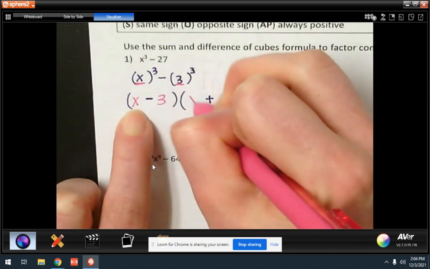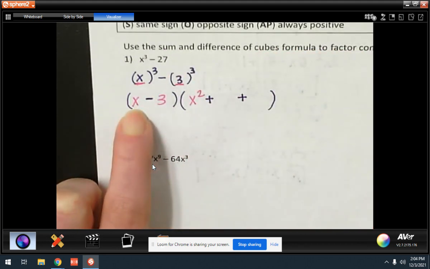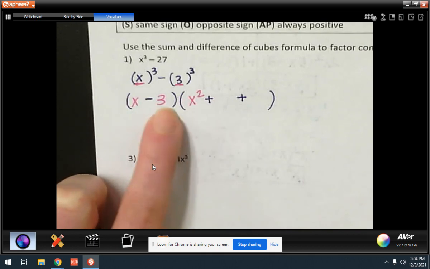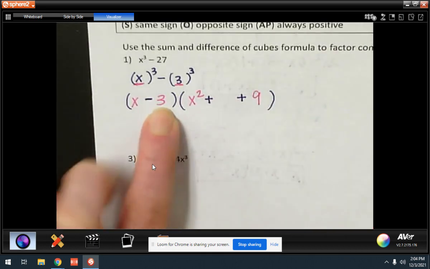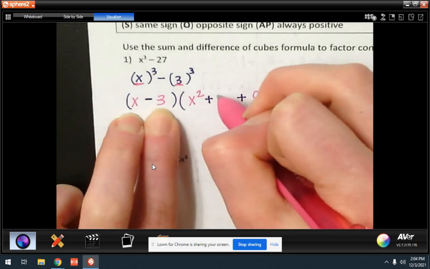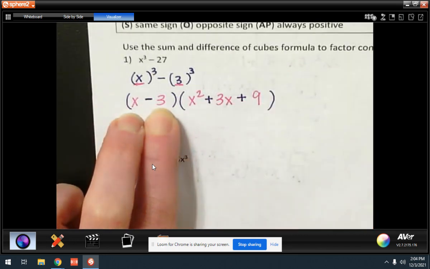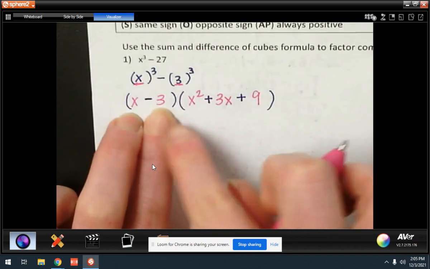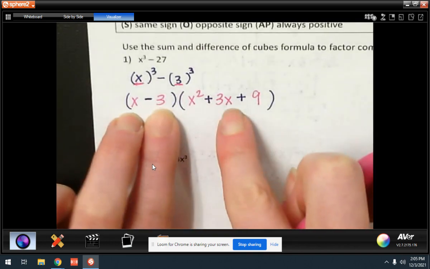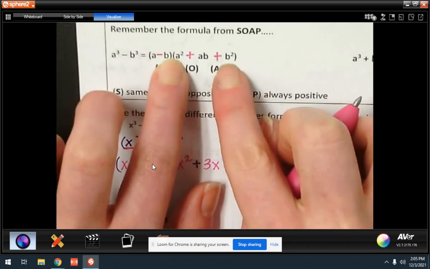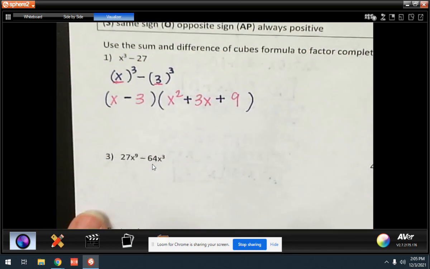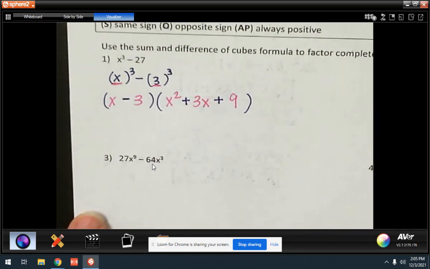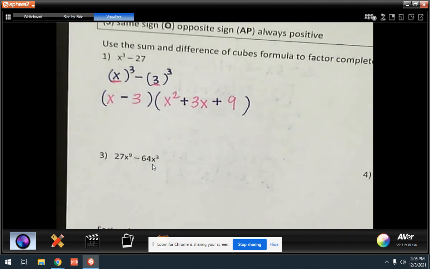Square the first, gives you x squared. Square the last, gives you a 9. Multiply the 2 together, gives you a 3x. Square the first, square the last, multiply the 2 together. That's what this a squared, b squared, ab means. And then ignore all signs when you do that. You already took care of what the sign should be. And then you're done.